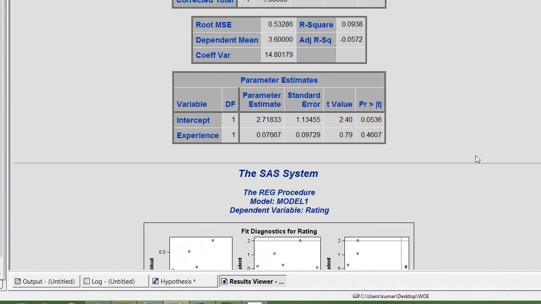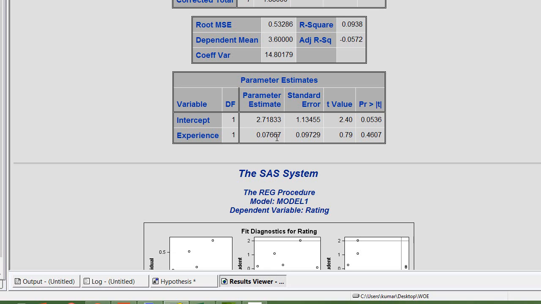Now looking at the p-value, we can see that it's greater than 0.05. That means it's not a significant value. So the slope coefficient for experience here is not significant. That means there is no point interpreting that variable. Or we can conclude that in the profile 2 population, the performance rating is not at all related to the number of years of experience.